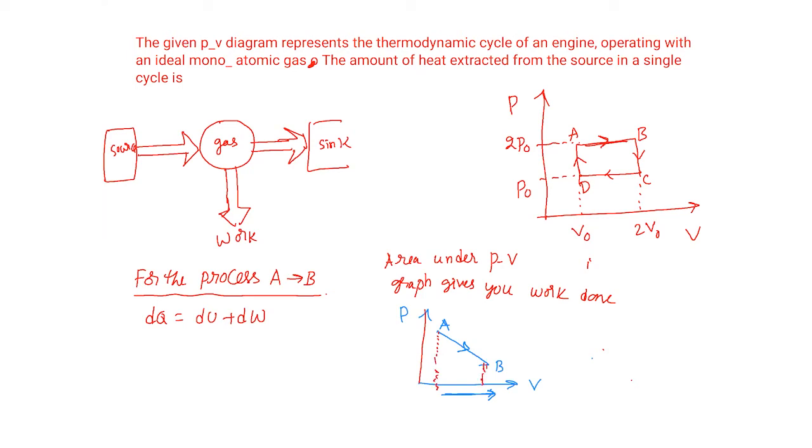The entire area under that straight line gives you the work done. How do you calculate it? It is the area of the trapezium. So this entire area gives you work done in this process.